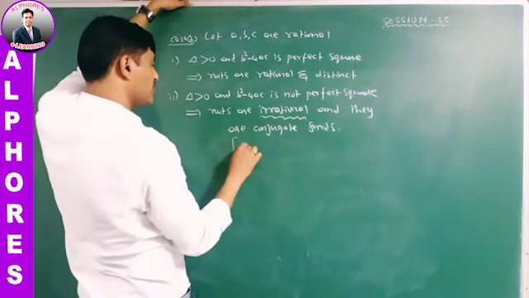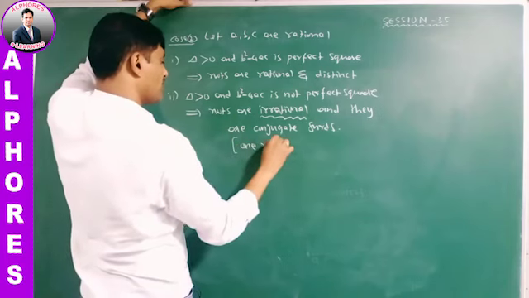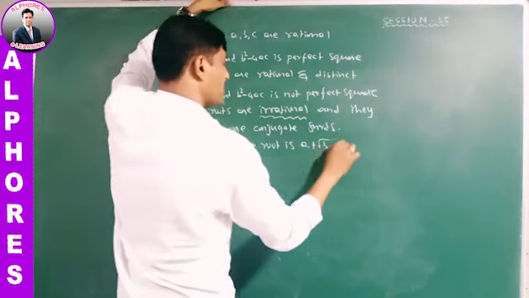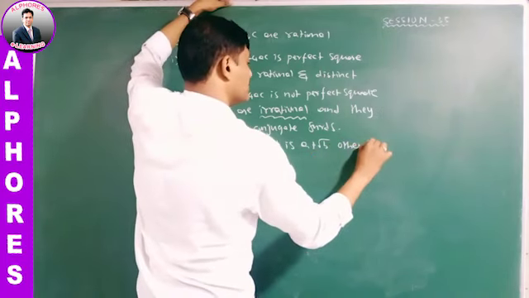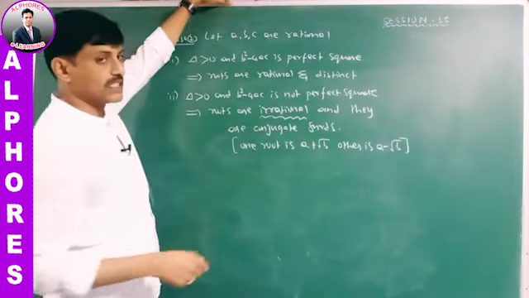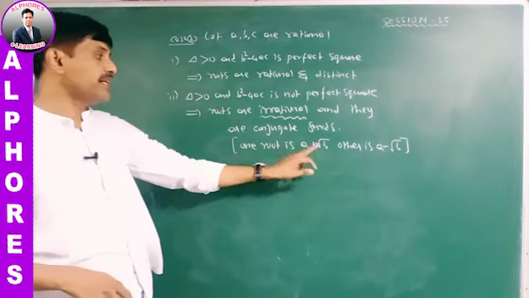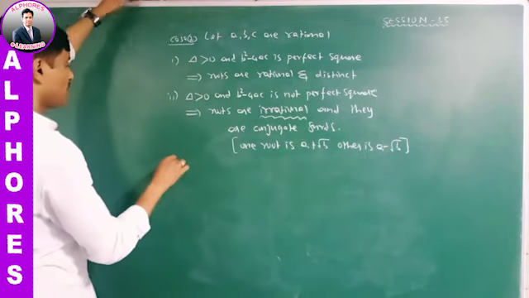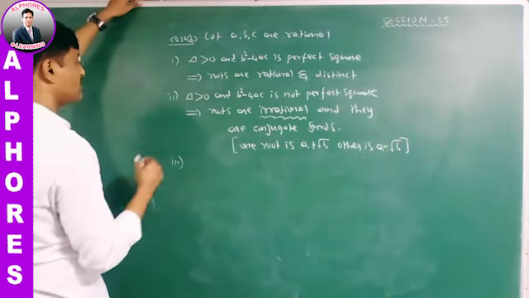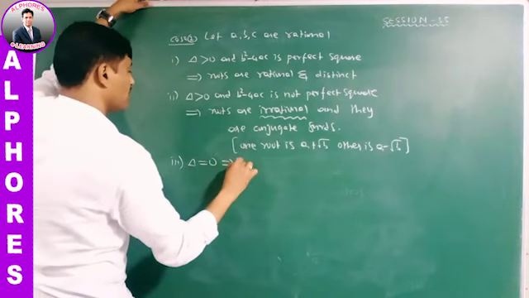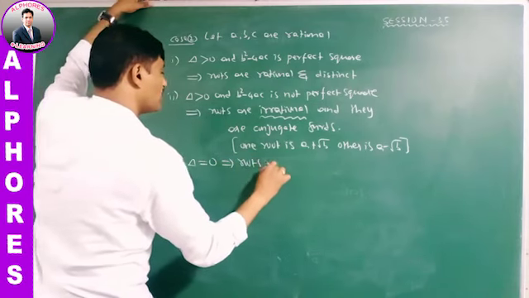If one root is a plus root b, other is a minus root b. This is the meaning of conjugate sets. If it is a minus root b, other is what? A plus root b.